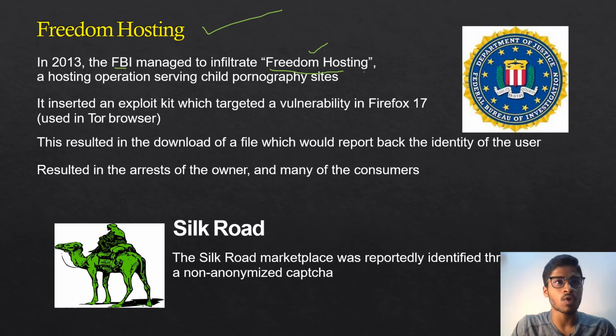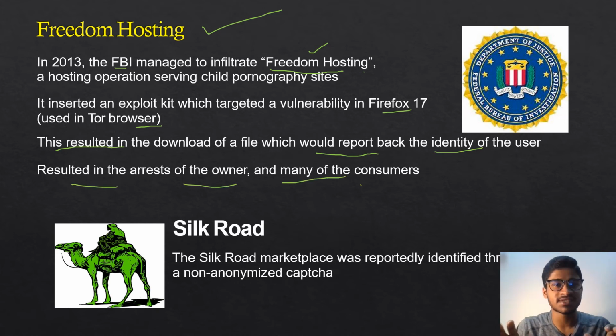The FBI inserted an exploit kit which targeted a vulnerability in Firefox 17. As I told, Tor Browser is not completely anonymous. The FBI managed to insert an exploit kit and track people down from that. This resulted in the download of a file which would report back the identity of the user, resulting in the arrest of the owner and many of the consumers.